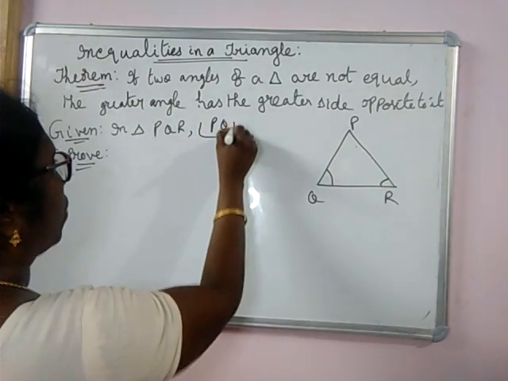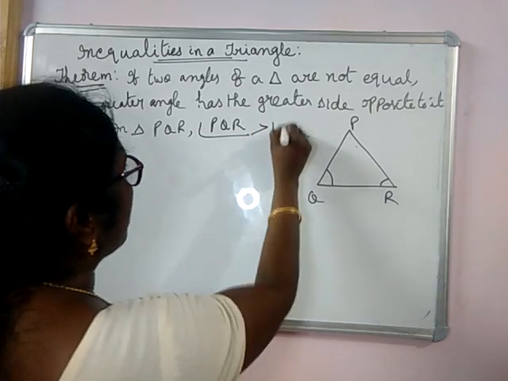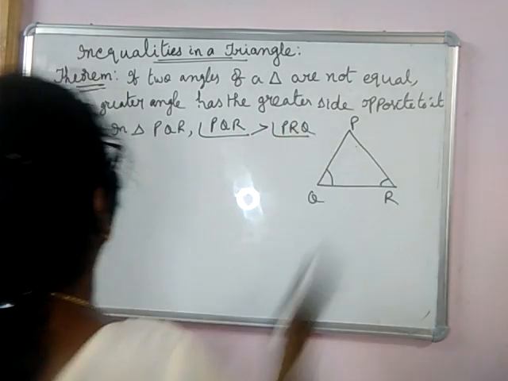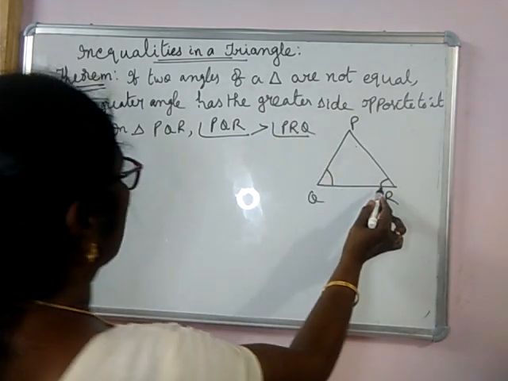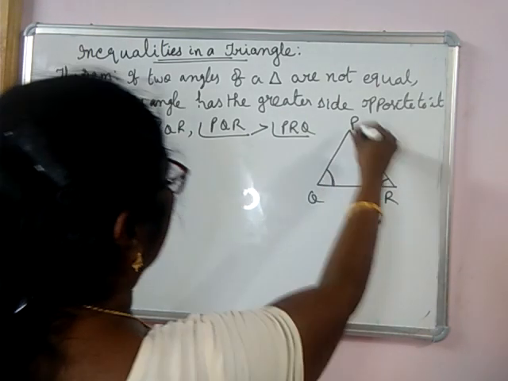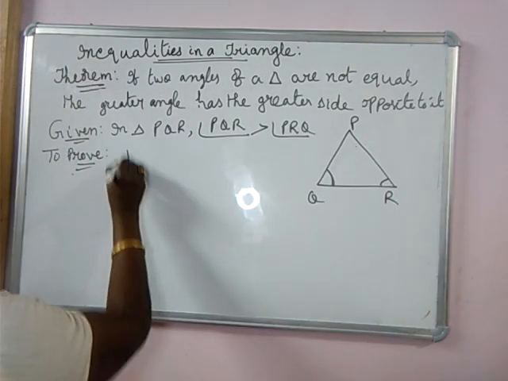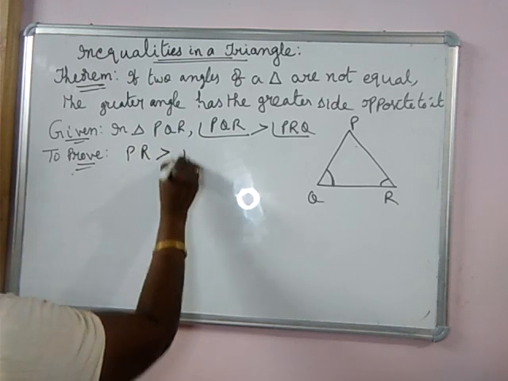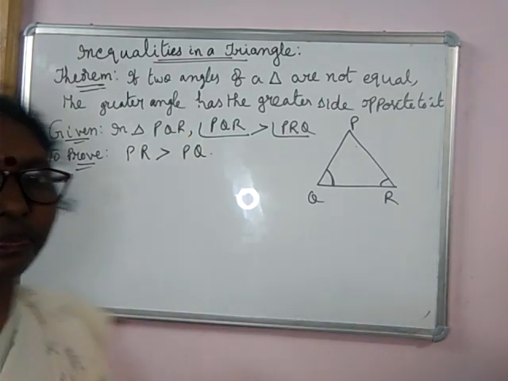Angle PQR is greater than angle PRQ. The greater angle has the greater side opposite to it. We have to prove that PR is greater than PQ.